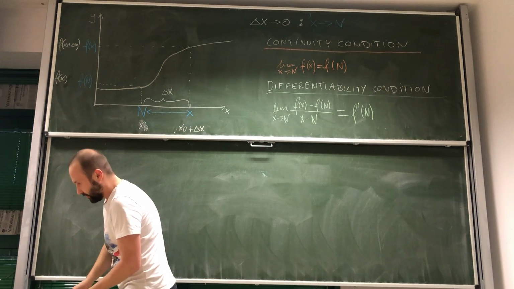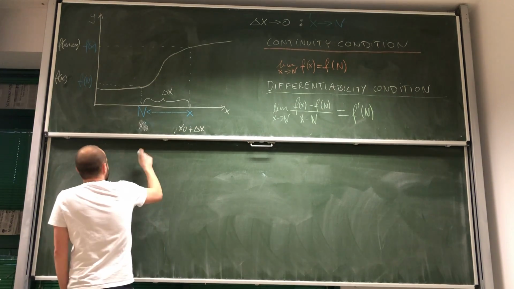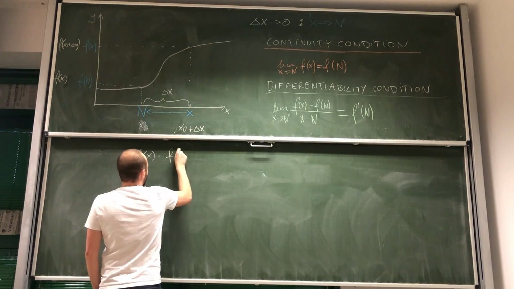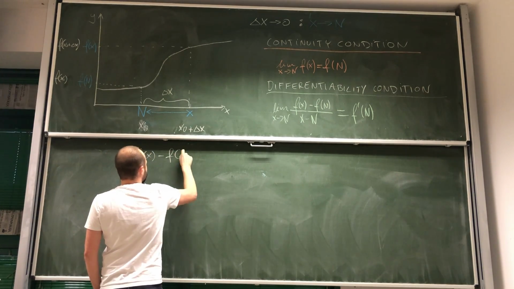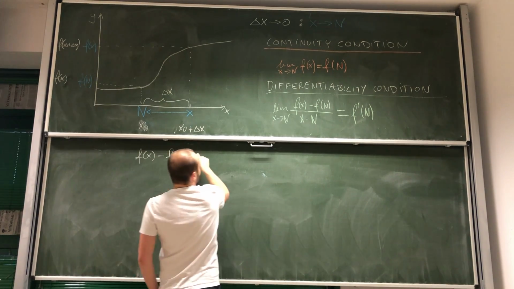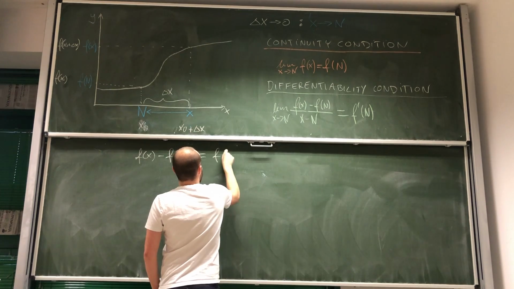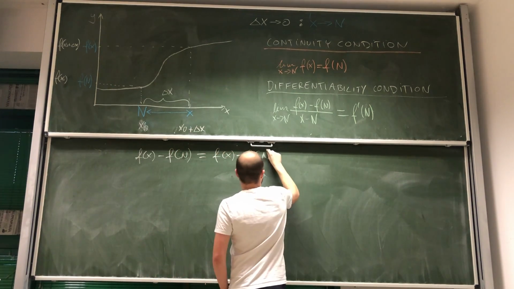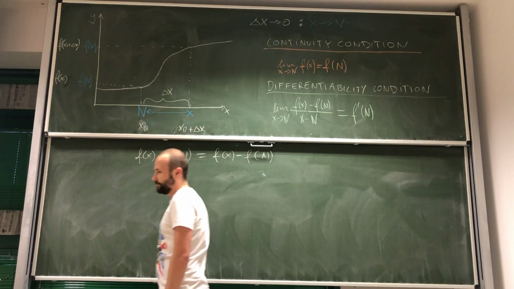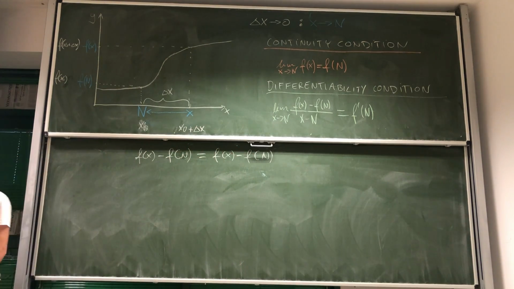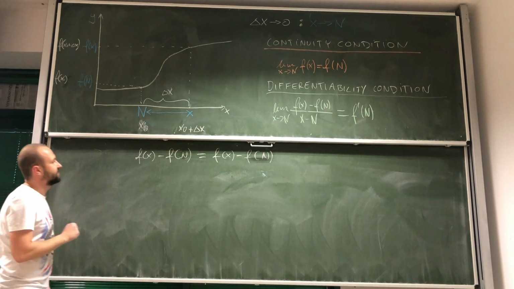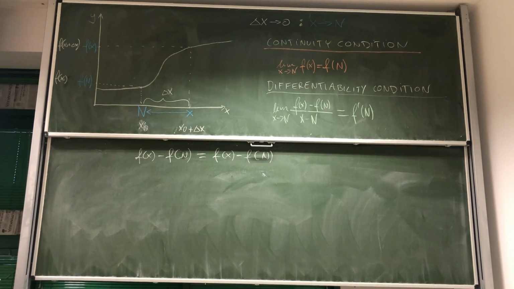So first, let me write just that f of x minus f of n is equal to f of x minus f of n. Well, I hope nobody is going to disagree that this is true. Both sides of the equation are exactly the same.